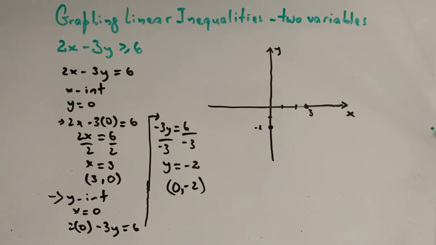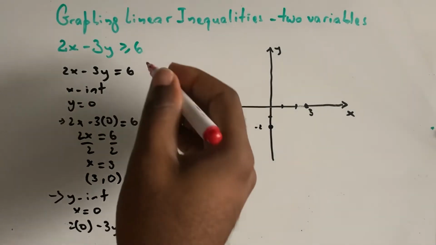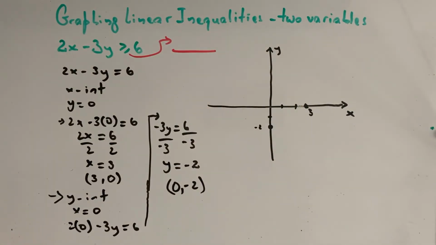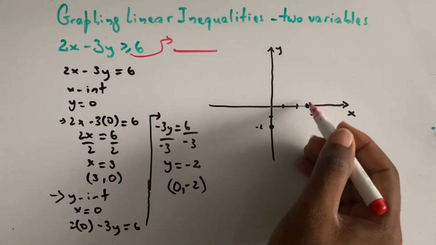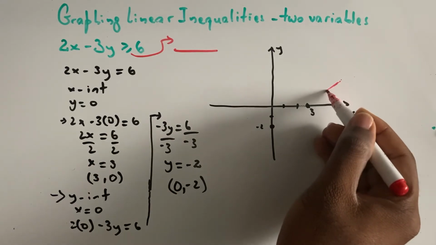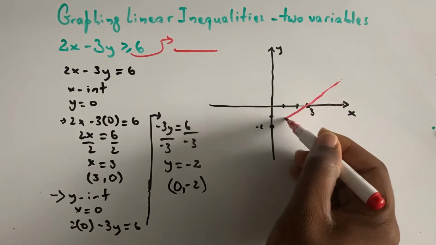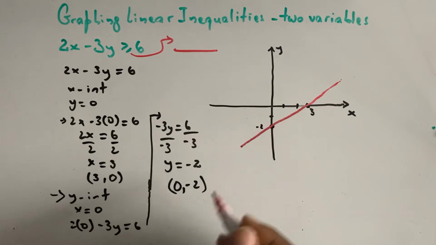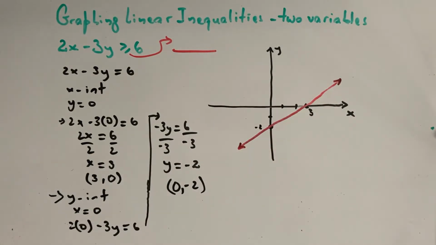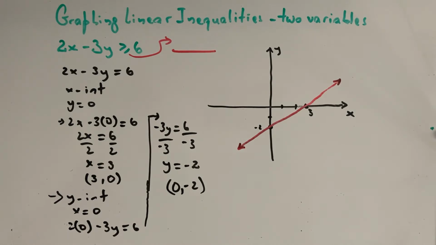Remember what I said: since this is greater than or equal, I need to use a solid line. So it's a solid line. I'm going to draw it through these 2 points. So this is the line I just drew through the two intercepts.